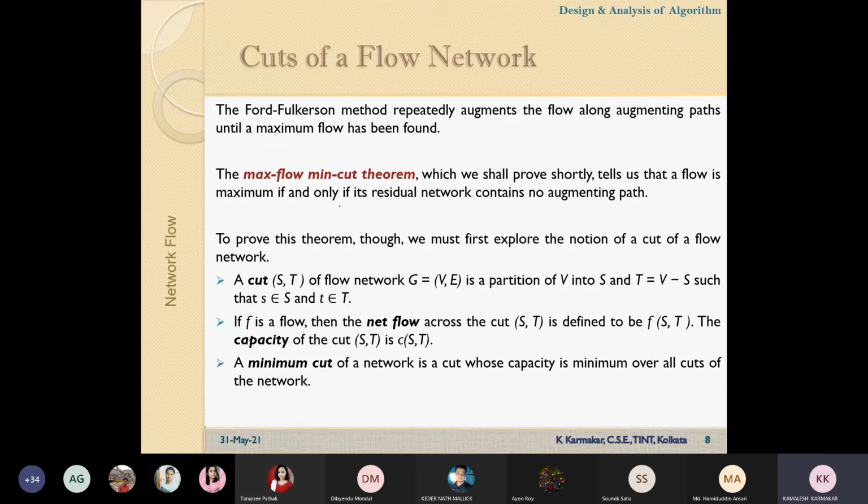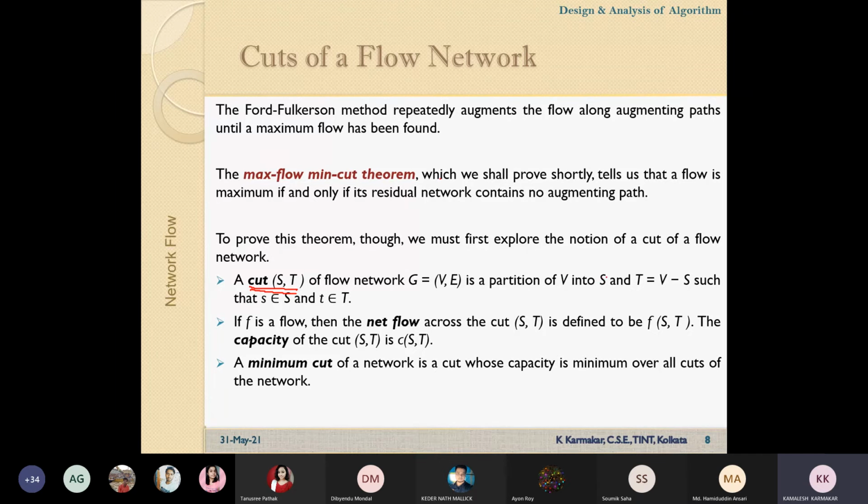Now if we consider this max flow min cut theorem, in max flow min cut we have used the term cut. Cut ST represents that S is a set of vertices and T is another set of vertices. When we discussed it earlier, we divided V into two subsets, V1 and V2.